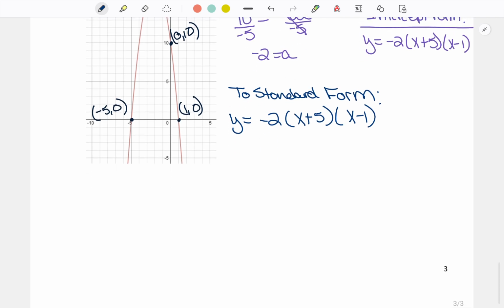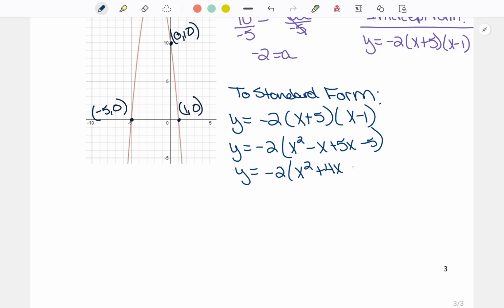And so I am going to go ahead and FOIL. So I'm going to have the negative 2 stay outside, and then I'll have x squared, and then minus x plus 5x minus 5. And then y equals negative 2 times x squared plus 4x minus 5. And now I'm going to distribute that negative 2. So I have negative 2x squared minus 8x plus 10.